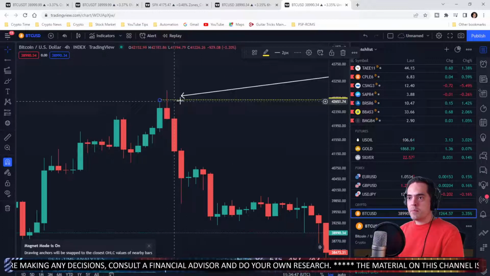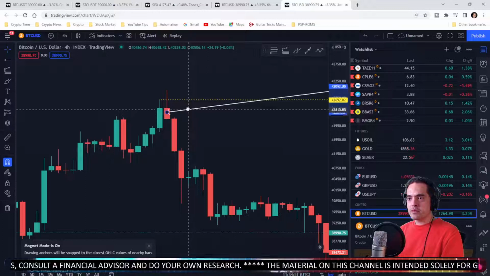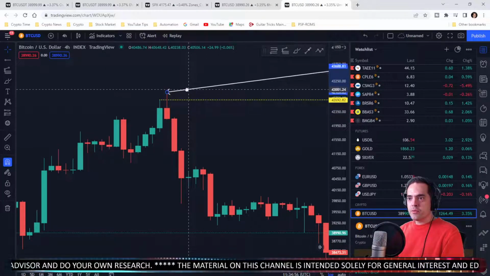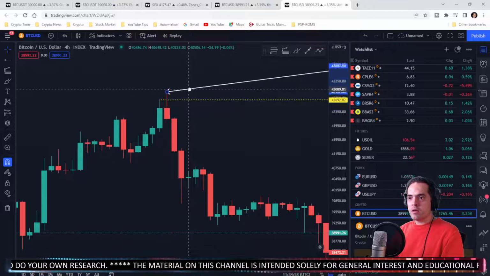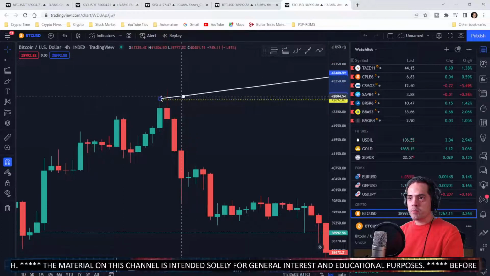So here's our top, and then the next candle, this red candle, is breaking through, trying to make another higher high right here, breaking the previous high.